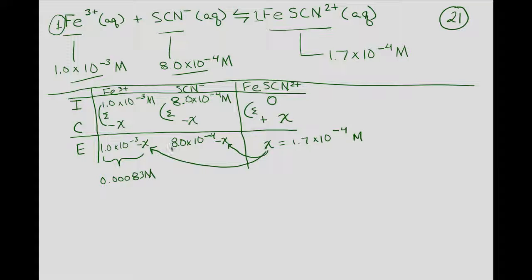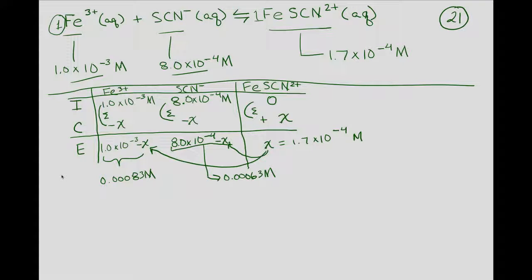Now if you do the same thing over here, just plug in the x, that will give you a value of 0.00063 molar. So this is the concentration of SCN minus, and this is the concentration of Fe3 plus, and this is the concentration of this. These are all at equilibrium. So we have the values now.